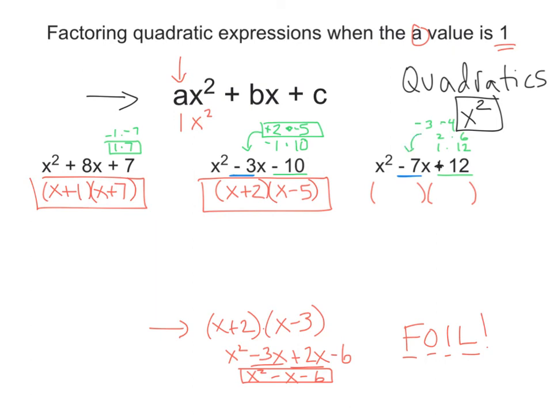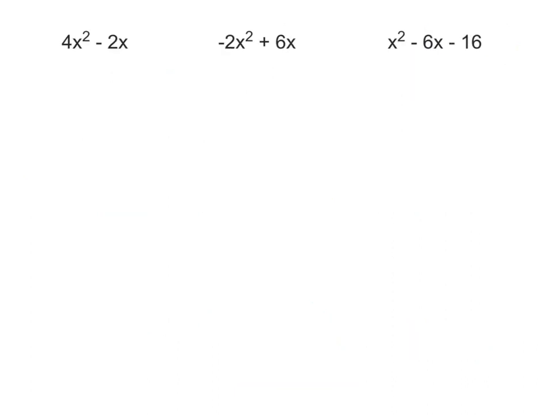But they also still multiply to give us positive 12, because a negative times a negative is a positive. So we found our factor pair, and we're going to go ahead and write x minus 3, x minus 4. Okay, now try these on your own.